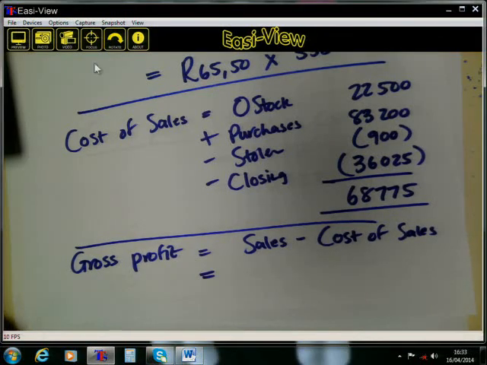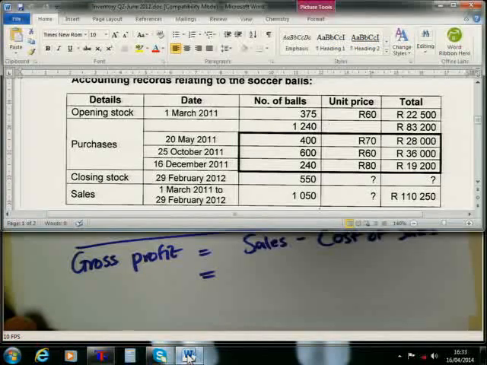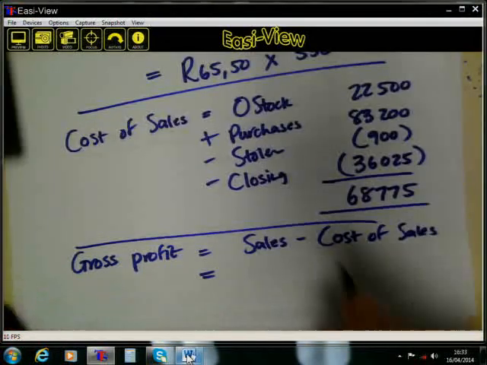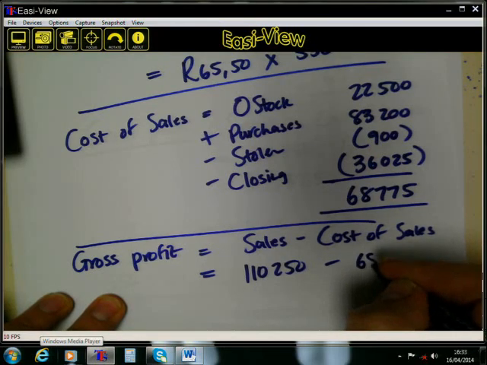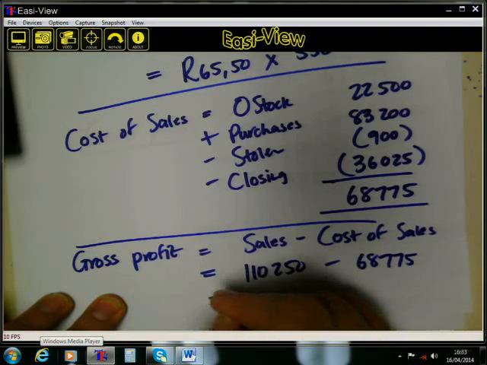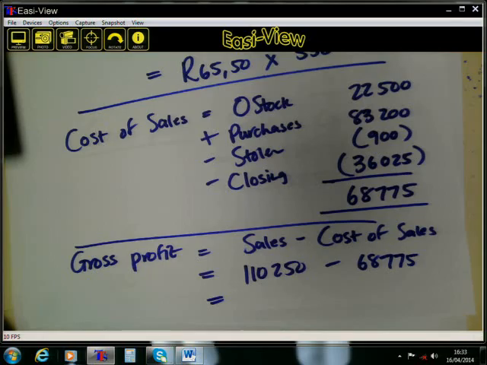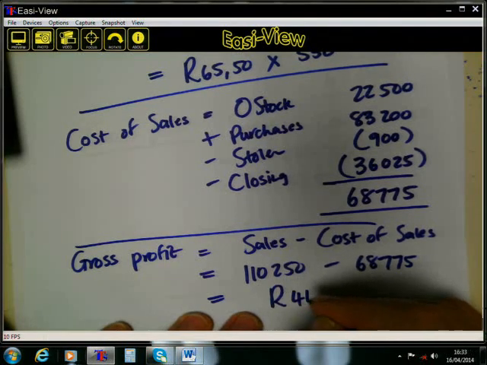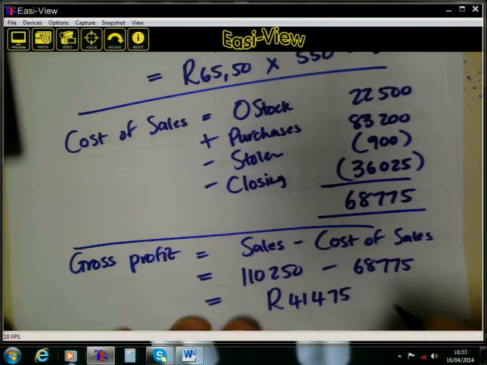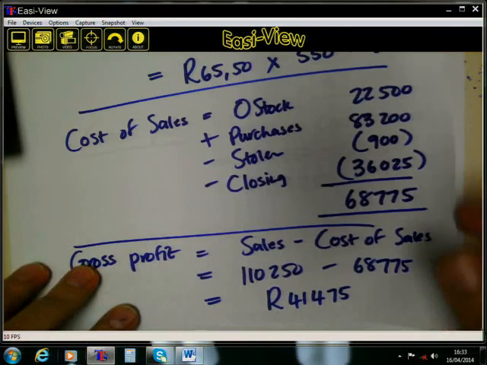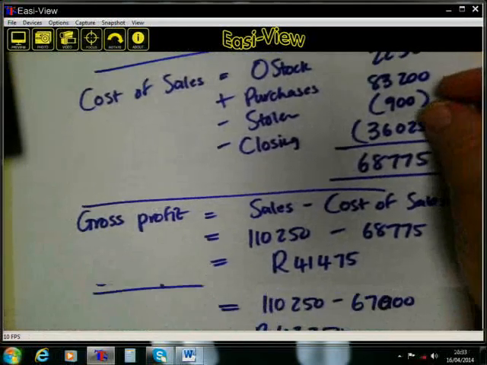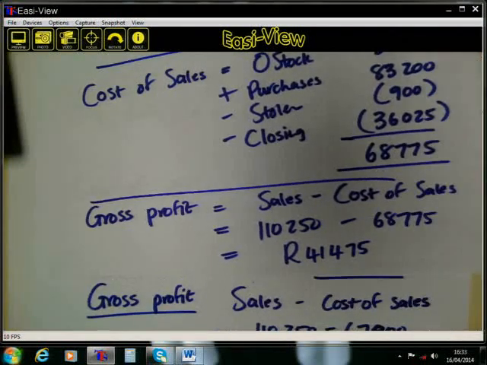You'll remember that the sales was given to us, and the sales was 110,250. 110,250 minus the 68,775 gives us 41,475, which in this case, if you keep the other gross profit in mind, it was 43,250.